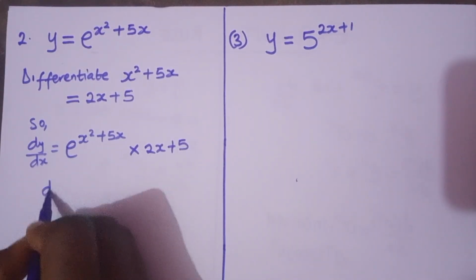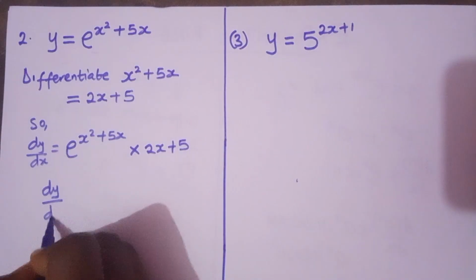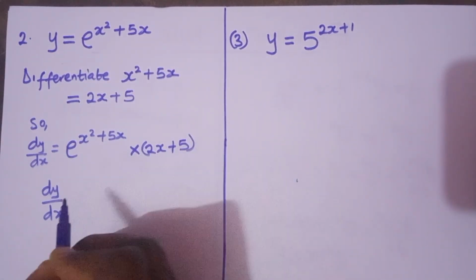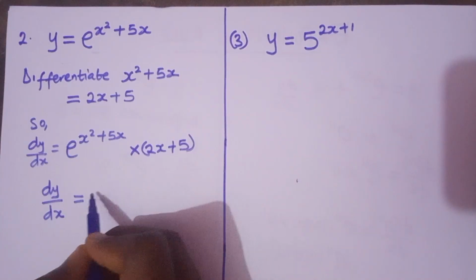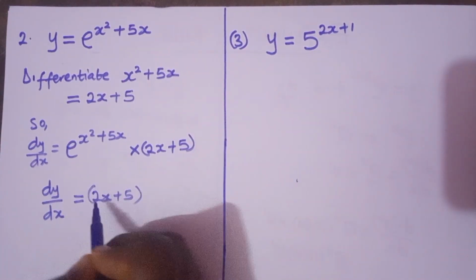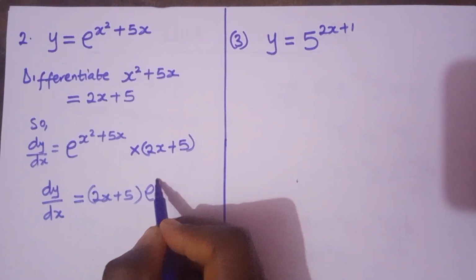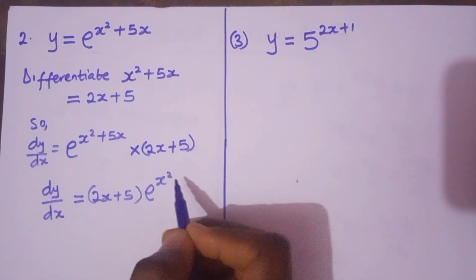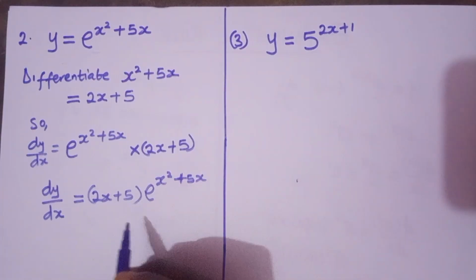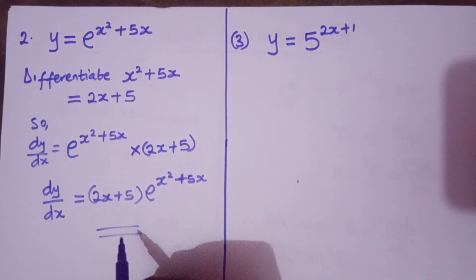So we have y, dy/dx is equal to (2x + 5) e raised to the power 2x squared plus 5x, and that is the answer.